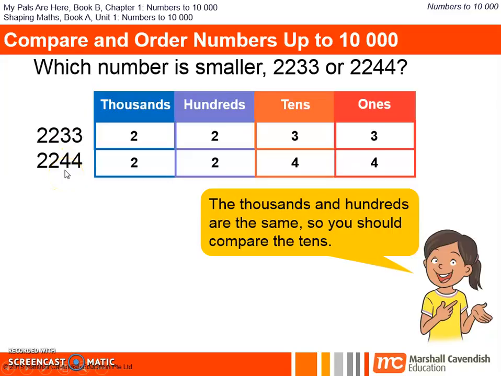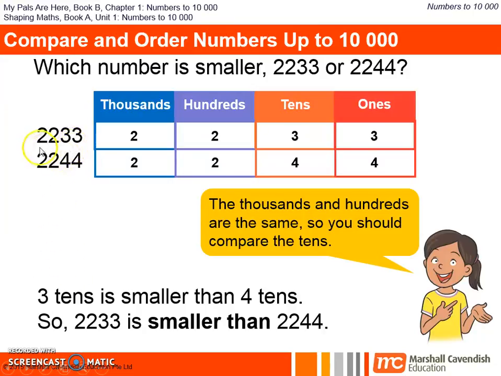So which number would be smaller? So therefore, yes, you're right. The number 2233 is smaller than the number 2244, because 3 tens is smaller than 4 tens.